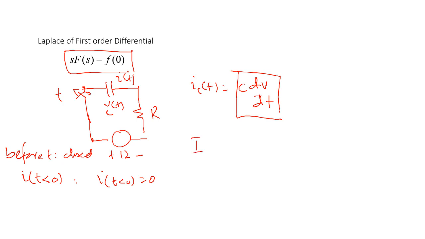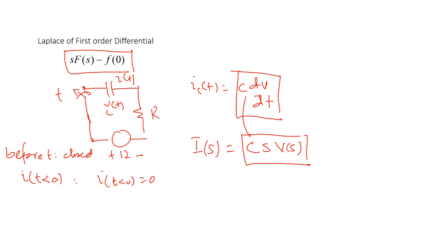So we can write it as I of S is equal to C S Vs. So this is the function f of s actually.